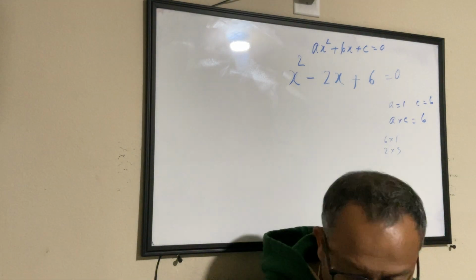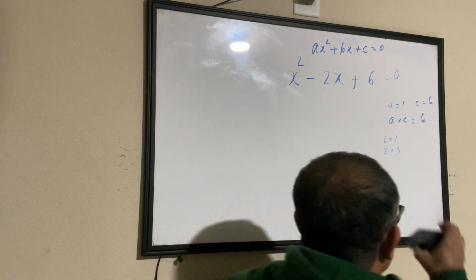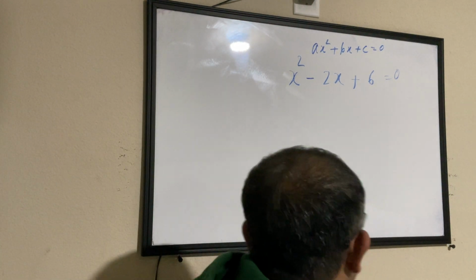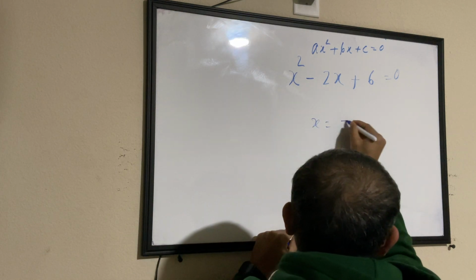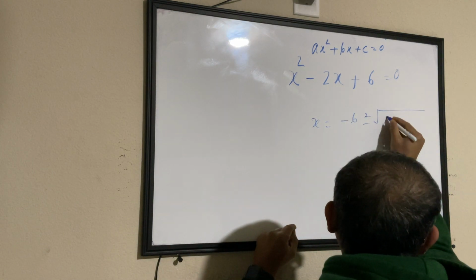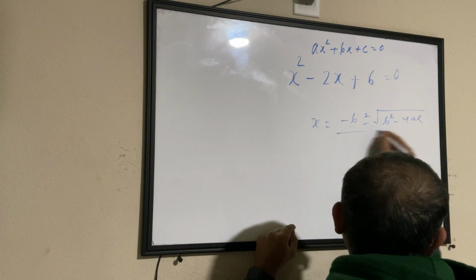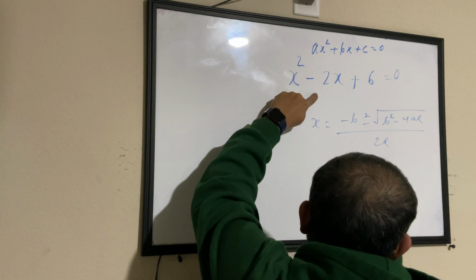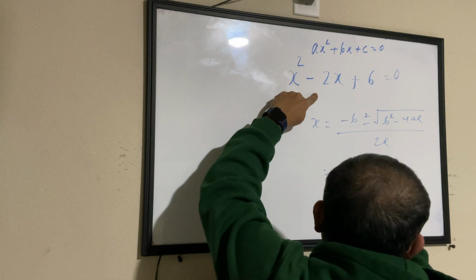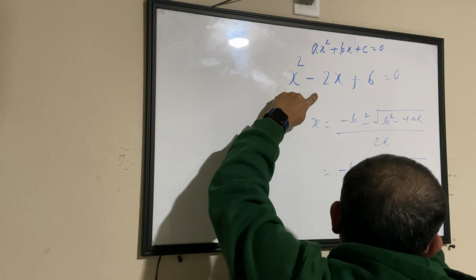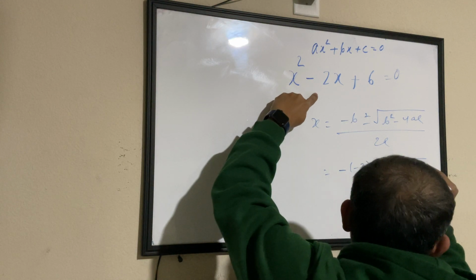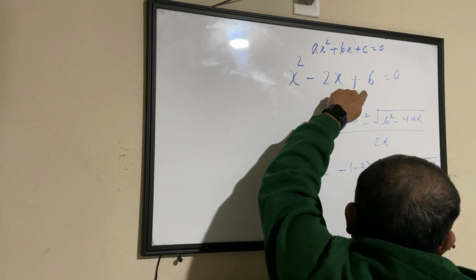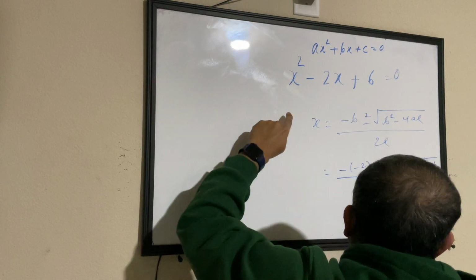So then I am left with the third option, which is my quadratic formula, which is more like a magic wand that we have for solving any quadratic equation. Which says x equals minus b plus minus square root of b square minus 4ac, divided by 2a. Now, my b is minus 2. So, minus of minus 2 plus minus square root of minus 2 square minus 4 into a is 1 into c is 6, divided by 2a, 2 into 1.